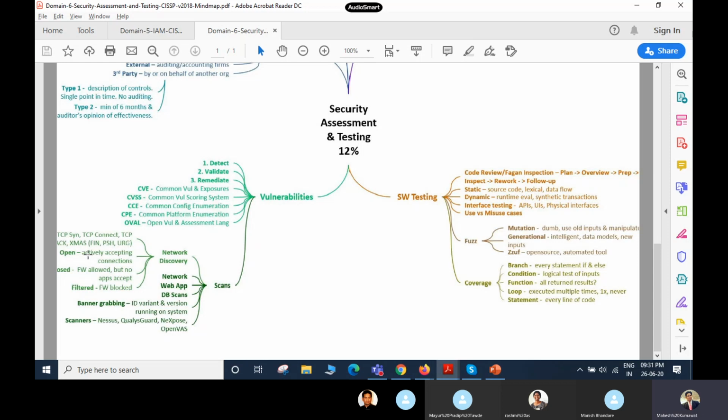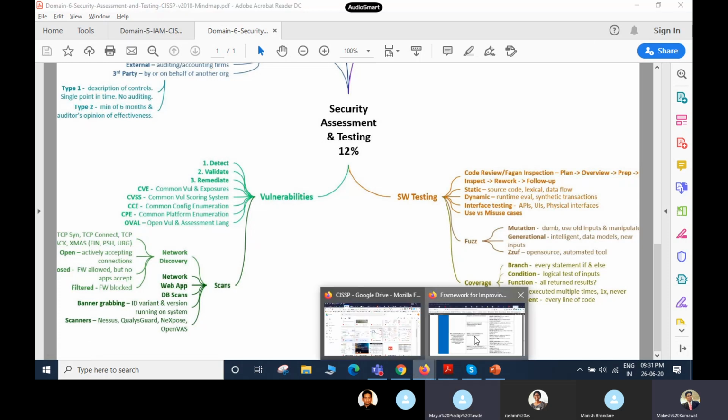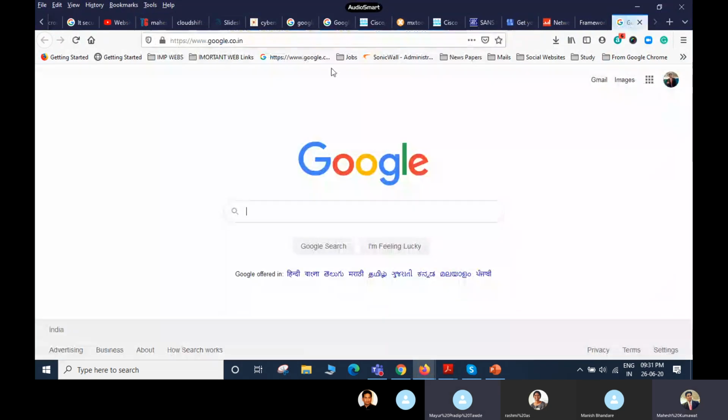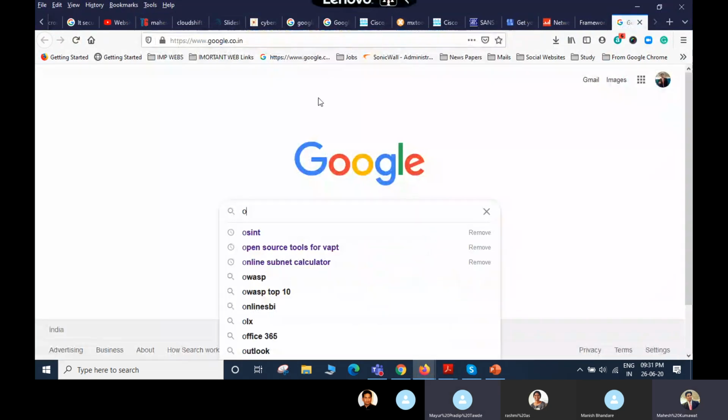Sir, this is the top 10 vulnerabilities right now. Hello. Yes, please. Yes, Mayur here. We can find it on the OWASP site. It lists the top vulnerabilities for web applications. We can also visit SANS.